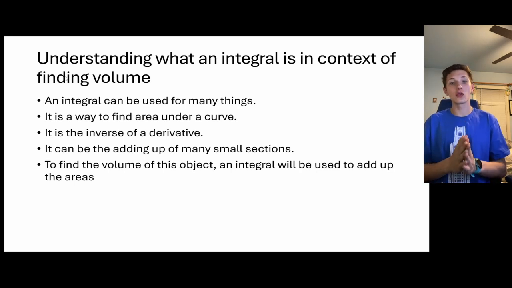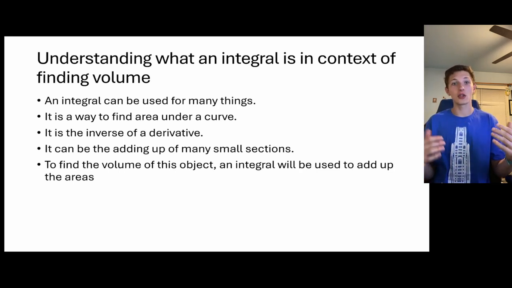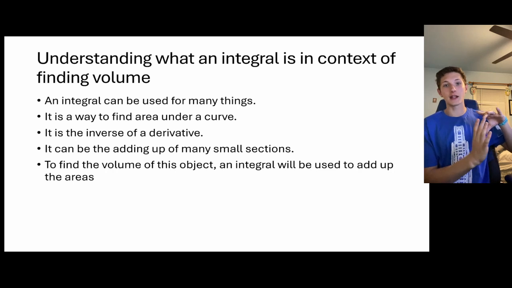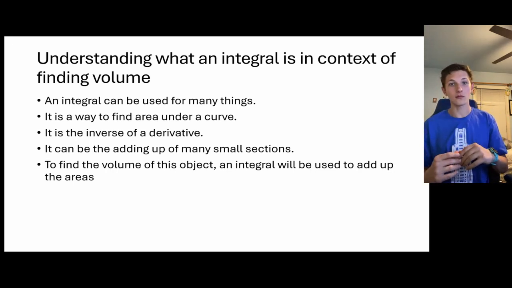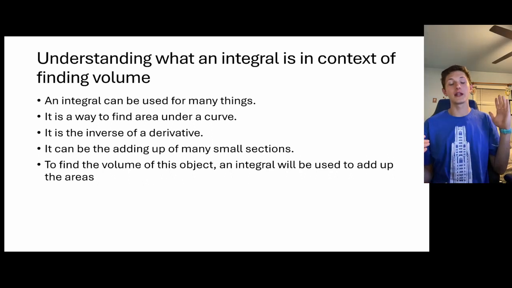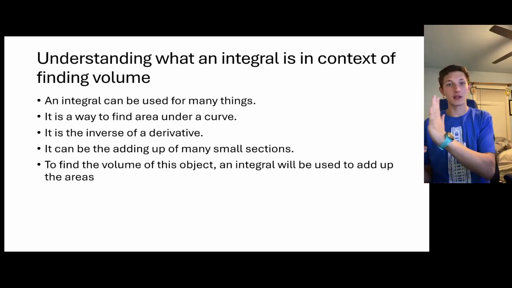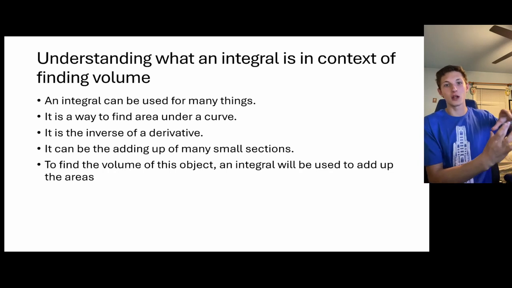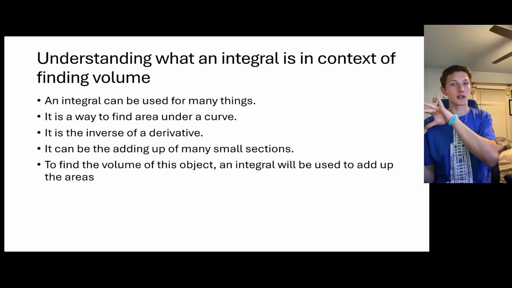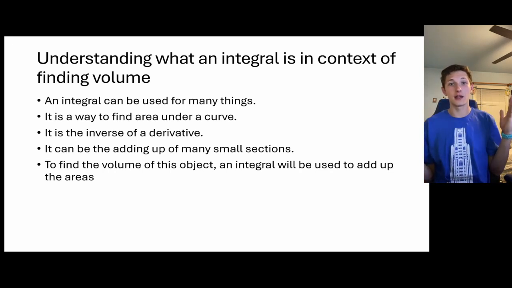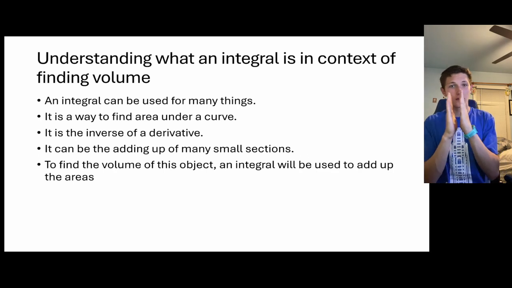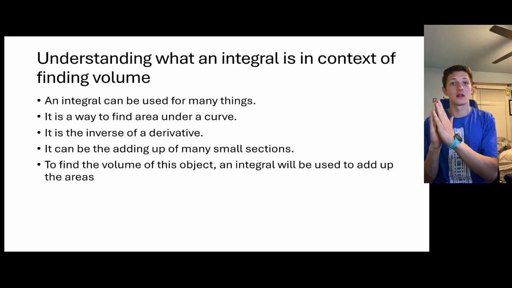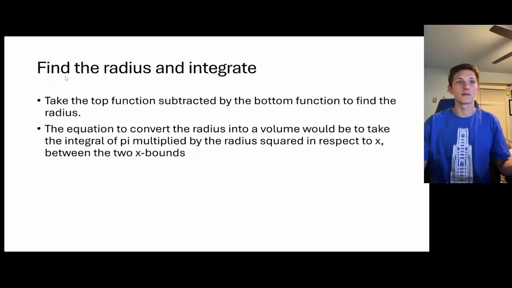An integral in the context of finding volume is just adding up all the small areas together. An integral function adds up everything. So like I said before, if you add up enough small bands of the areas, that small rectangle I was drawing, if you add up all of those together, you'll get a volume.